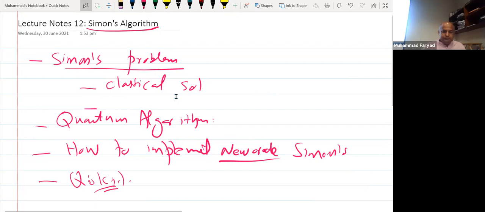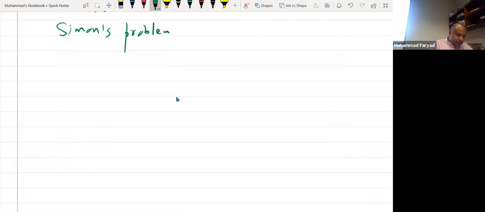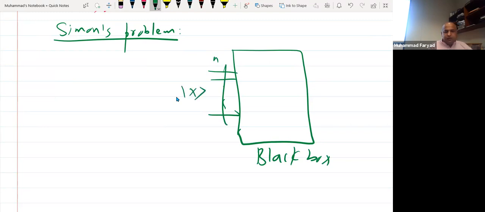Okay, so let's start with Simon's problem. Simon's problem in a nutshell is like this: you have a black box, and it has an n-bit input. Let's say we give some input x, and it implements a function f of x and gives us an output.